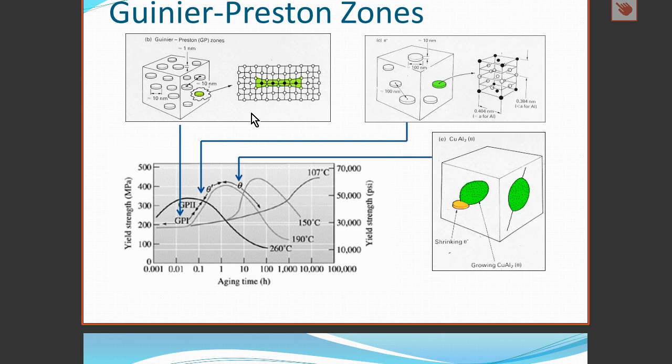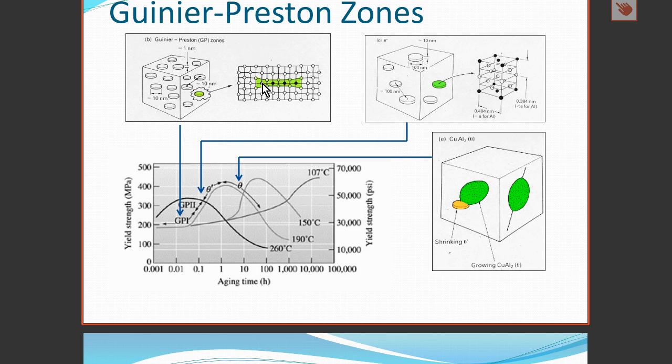That's called a GP1. So these are embryonic precipitates. GP2 zones are just a few unit cells thick. And then we get the precipitate forming, and when it does so, it is incoherent with the matrix.